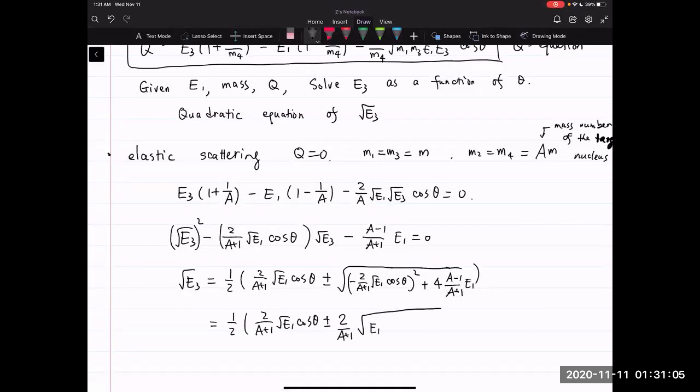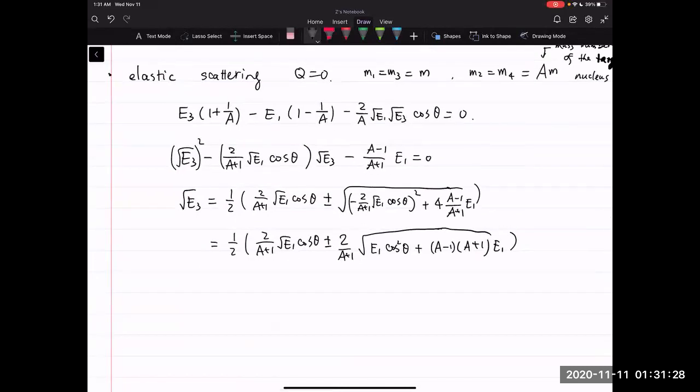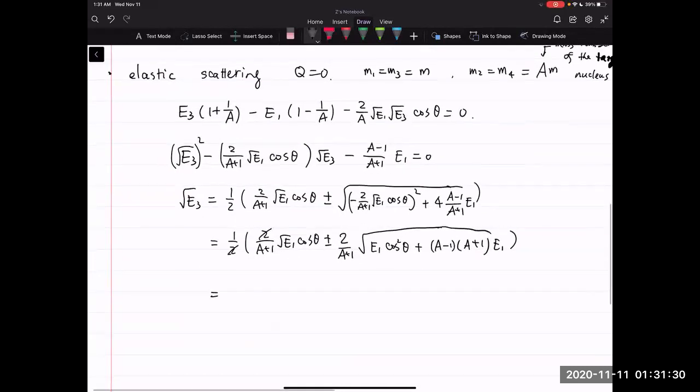Okay, so cosine squared theta plus 1. Then A minus 1 times, we factor out A plus 1, so it's times A plus 1 and E1. The 2 cancels out, and we get the square root of E1 over A plus 1.